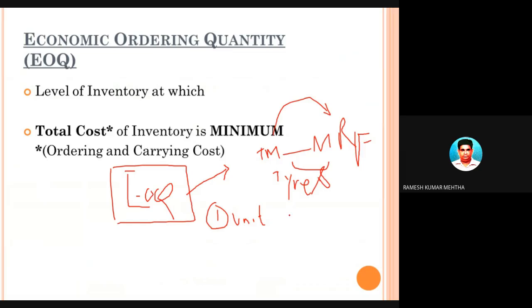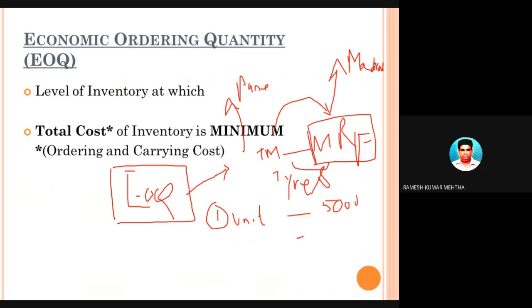The tire cost is some 5,000 rupees, and this plant is in Madras or Chennai, as we call it, and this is in Pune. Now this fellow will send it by courier or by logistics, by transportation, and the transportation cost is 50,000 rupees.